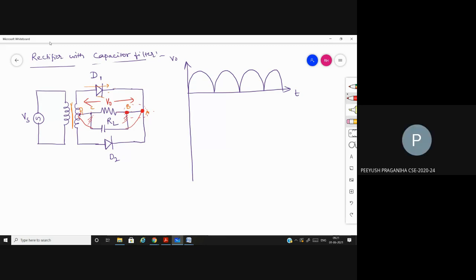If you have any doubt, please ask me, because the capacitor filter is very difficult to understand. Is it right or wrong? Yes, sir. It's correct.